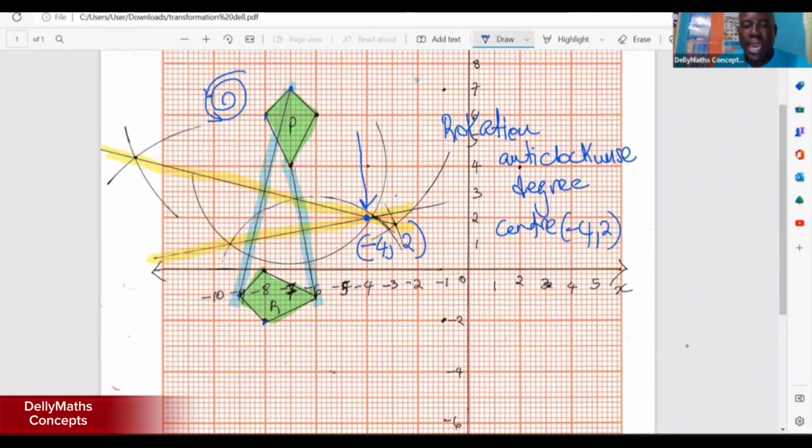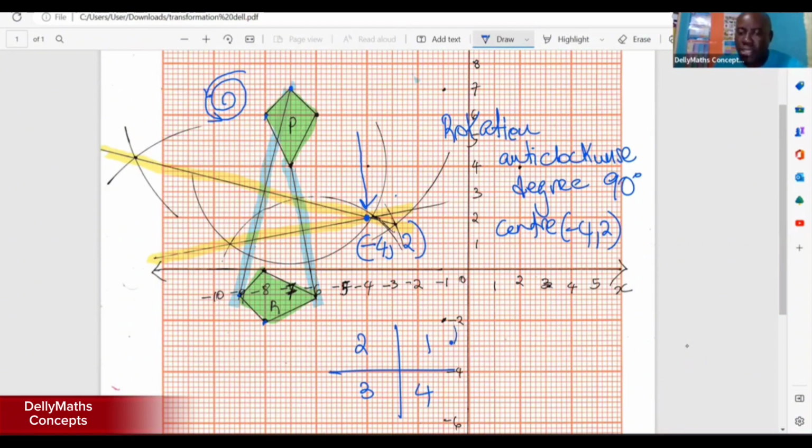And then if you want to see the degree, this is 90 degrees. There is a quick idea that you could look at: if this is quadrant 1, quadrant 2, quadrant 3, quadrant 4, and you're in quadrant 1 and you go 90 degrees in any direction, it goes to the quadrant next door.